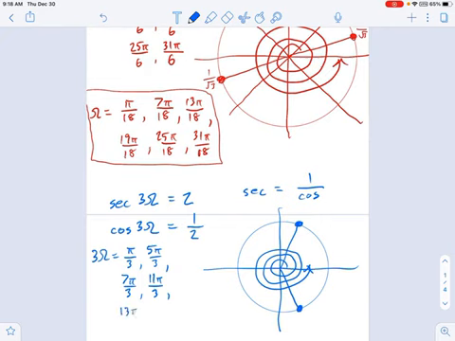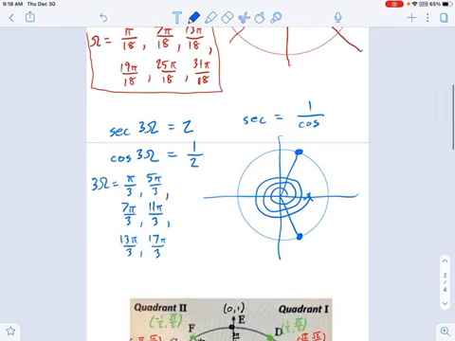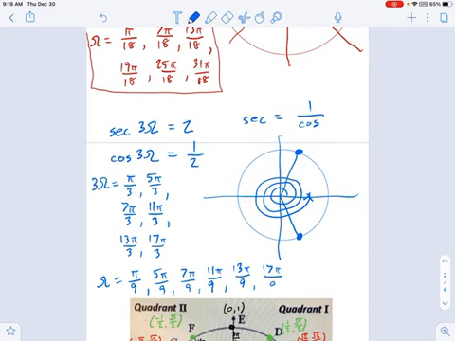So this is now 13 pi over 3 and 17 pi over 3, I think. And now all we do is we divide each of these by 3. So we're going to get omega equals pi over 9, 5 pi over 9, 7 pi over 9, 11 pi over 9, 13 pi over 9, and 17 pi over 9.